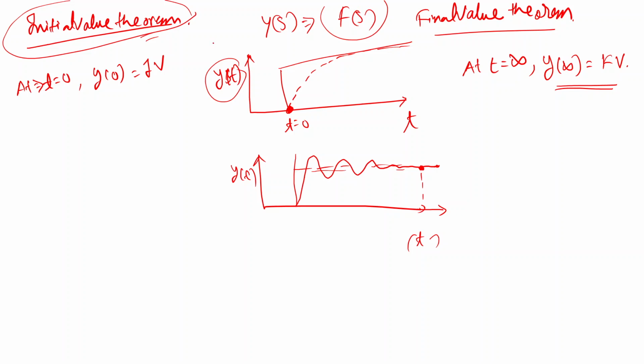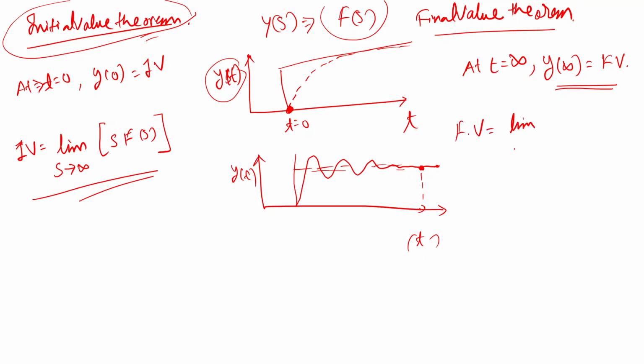For the initial value theorem, the initial value will be given by the limit, in the S domain, s tends to infinity of s f of s, where f of s is any function whose initial value we have to find. Similarly for the final value, you can write limit s tends to 0 of s into f of s.